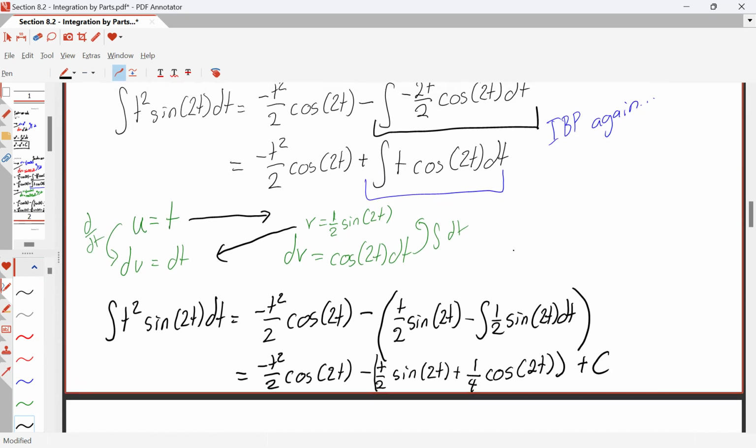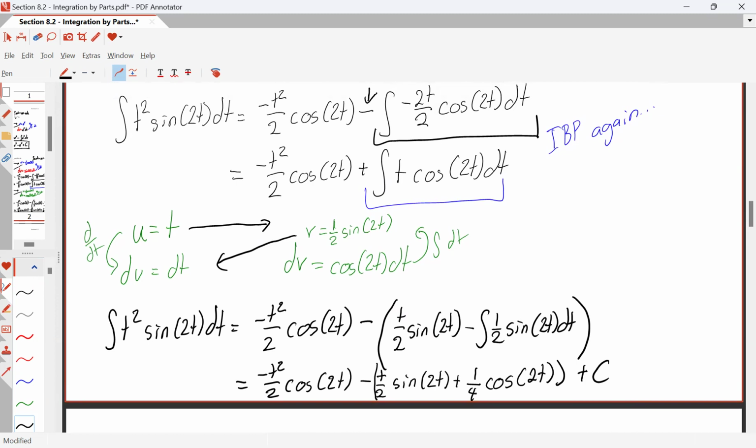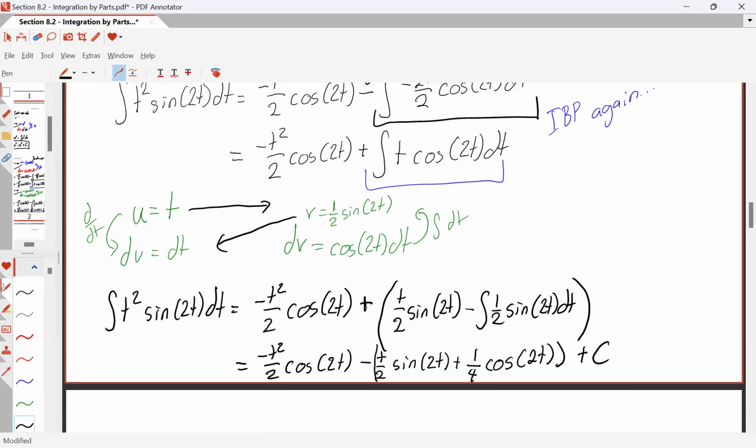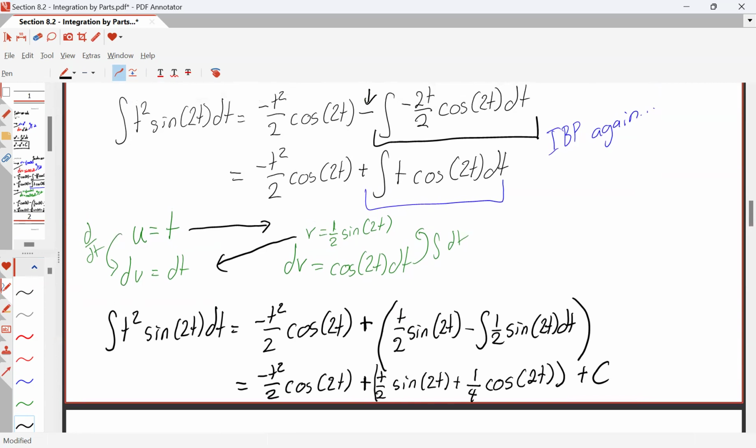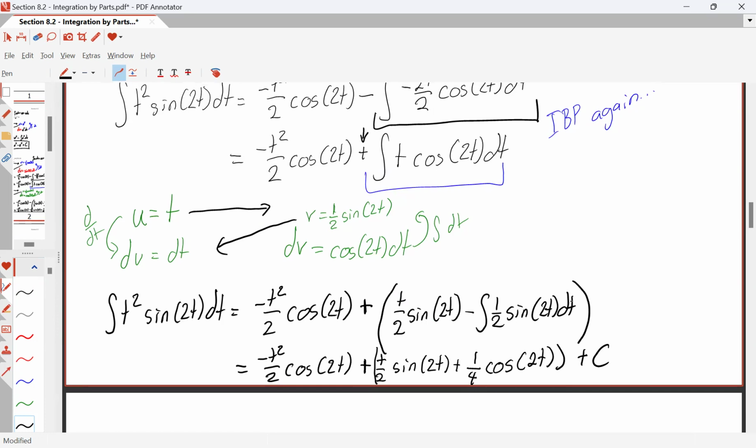And I copied this row first, ignoring the fact that this had actually changed to a plus. So using that sign from our negative times negative, we get plus all the way across, getting our integral of t squared sine 2t dt of negative t squared over 2 cosine 2t plus t over 2 sine 2t plus 1/4 cosine 2t plus c.